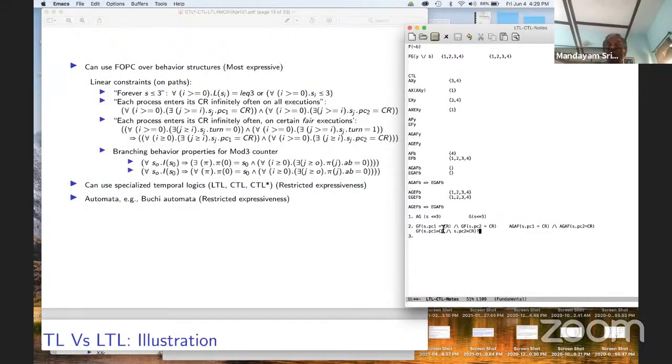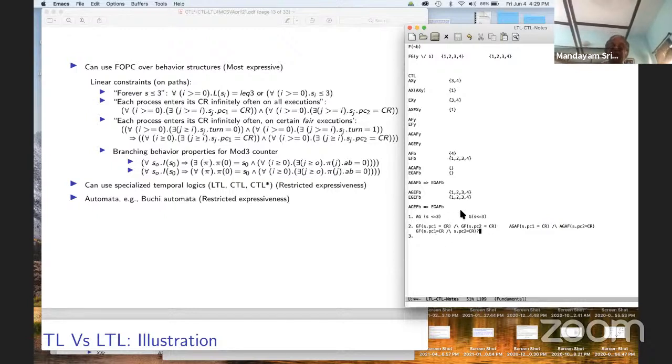Whereas here it is saying that I should have this event happen infinitely often on all paths, and it doesn't insist on simultaneity. This one insists on the event that both are in simultaneously, which for the mutex case doesn't happen anyway, because you want only exactly one process.